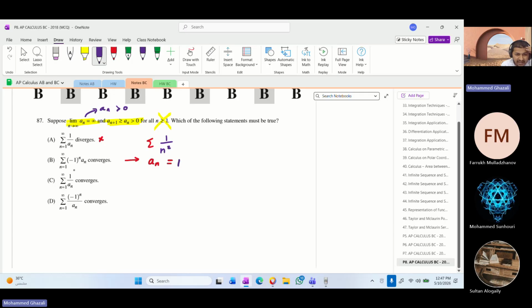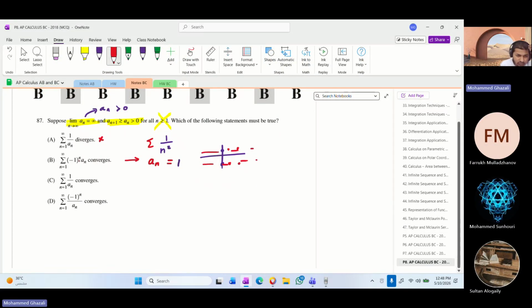I just made a_n equal to 1. So if you take out a_n, then you can get oscillating. If n is equal to 1 it's negative 1, right? If n is equal to 2, then it's positive 1, isn't it? And it just oscillates between negative 1 and positive 1, correct? So it's divergent because you're getting two different values.